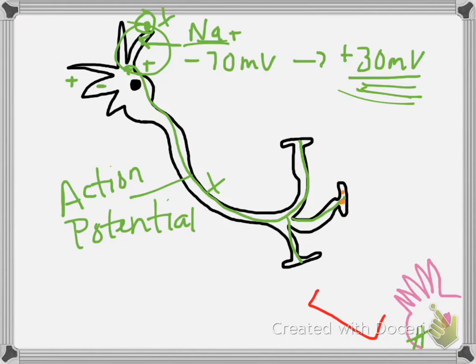When we get to the end of the neuron, as we talked about in chapter 6, we have these voltage-gated calcium gates that open up. Calcium comes into the axon terminal, and it stimulates the release of these neurotransmitters into the synaptic cleft.